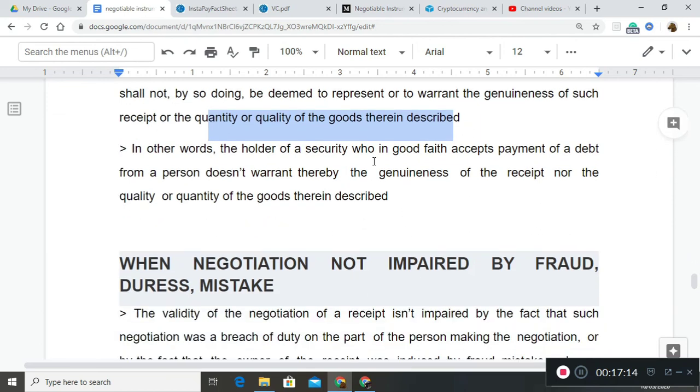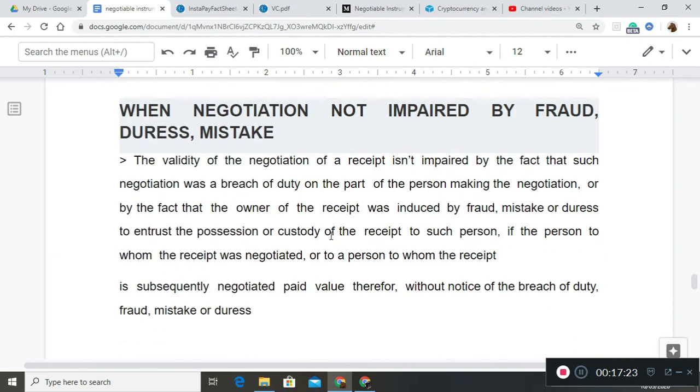So the holder of a security who in good faith accepts payment of a debt from a person doesn't thereby warrant the genuineness of the receipt or the quality and quantity of the goods.